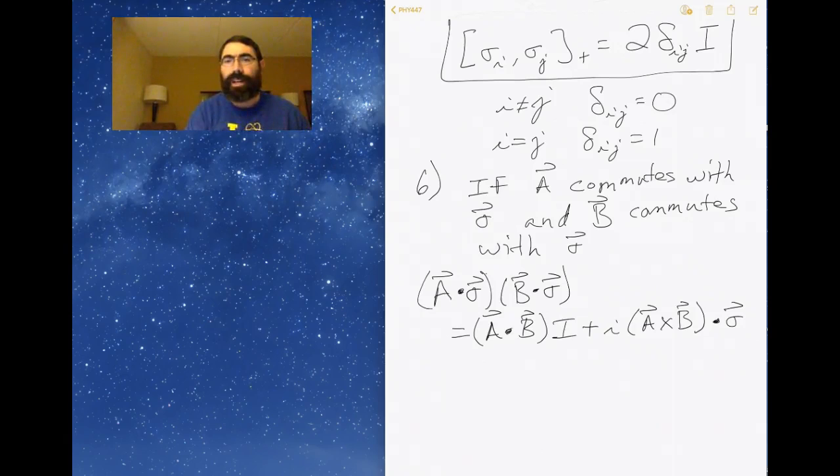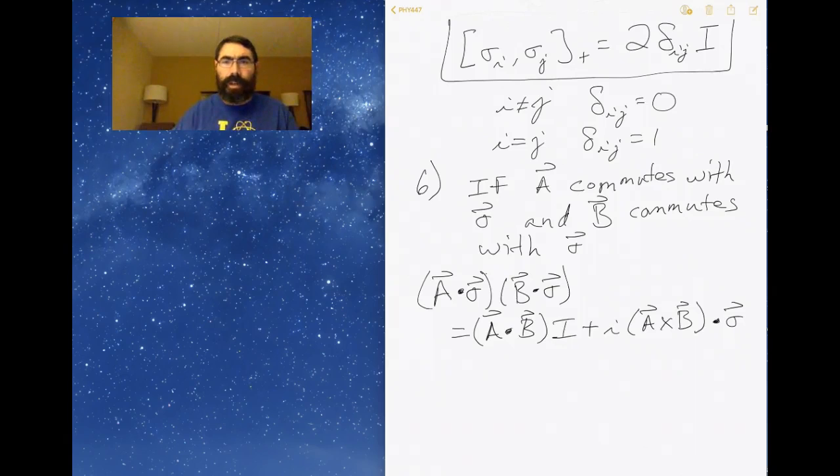So basically, if you work out this one vector identity, what you get is the dot product of A and B plus another term, which is kind of like these cross terms with sigma.